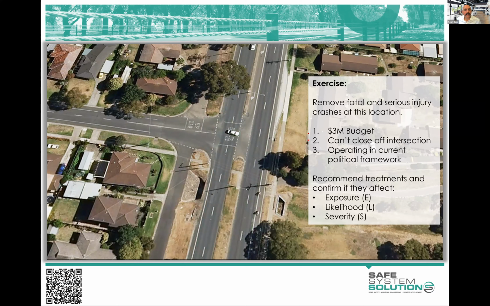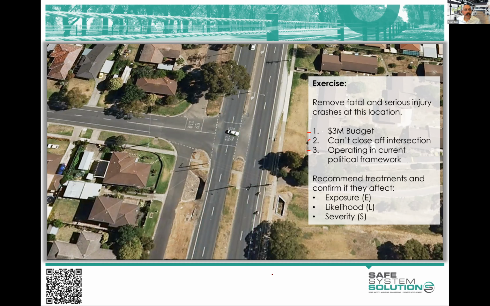You can't close the intersection, and you're operating in your current political, community, organizational framework. So have a think about that. I'm going to give you 4 minutes to have a go at this, and pop it into the chat.